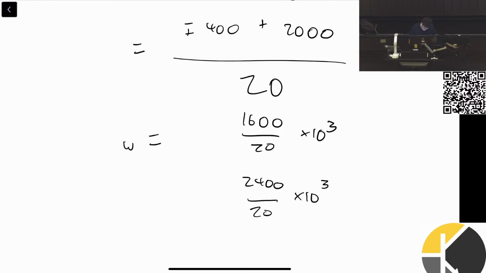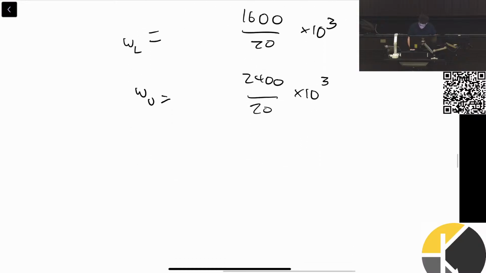So this is going to be our omega lower, this is going to be our omega upper, and if we take omega upper minus omega lower, that's going to be our bandwidth, right? If you do all the maths right, we get 34.6 times 10 to the 3.